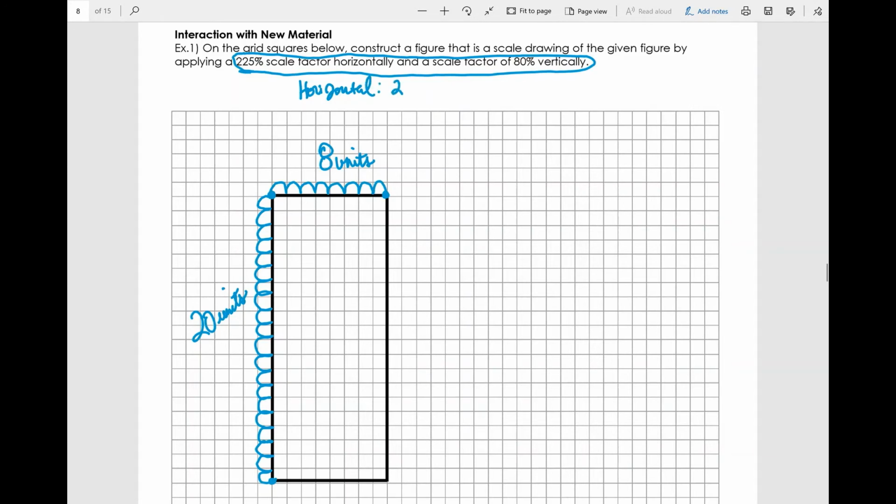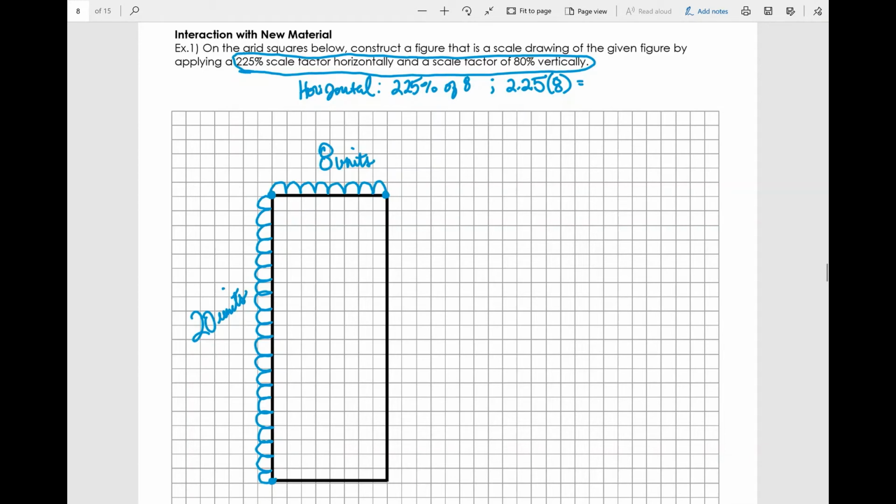We have 225% of 8, which is 2.25 times 8. Let's see what we get. Plug it into the calculator: 2.25 times 8, and I get 18.